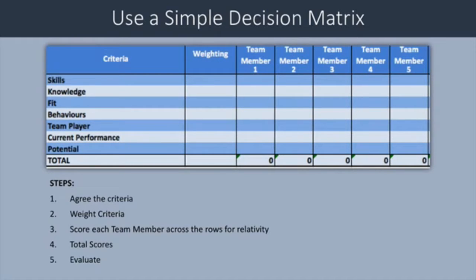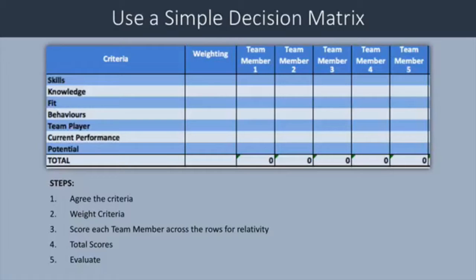If you've got five criteria and you want to score them equally, each of them would be scored out of 20 points. They'd each get 20 points. But if you want to skew one to get 40, then you have to adjust the totals on the others to get to 100. So make sure that you get your weightings right. The easiest way to do that is to split up 100 points between your criteria.